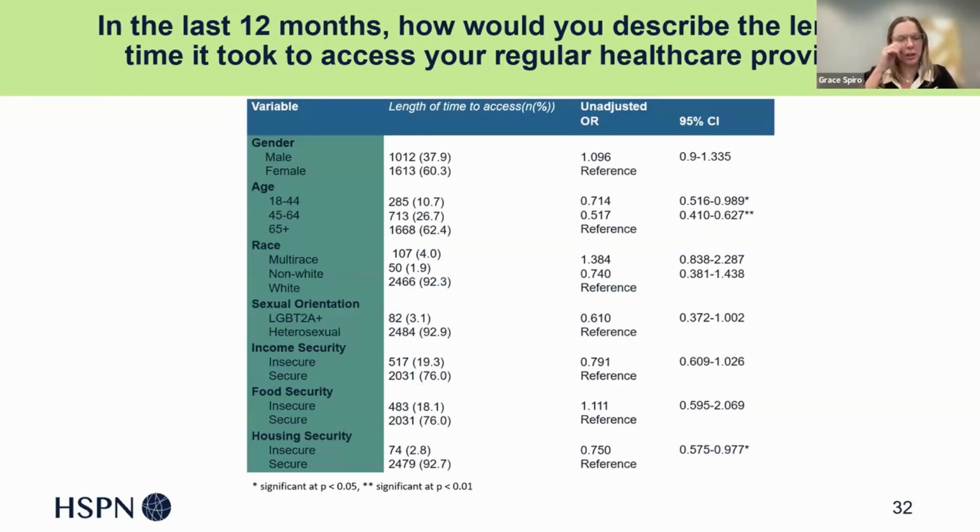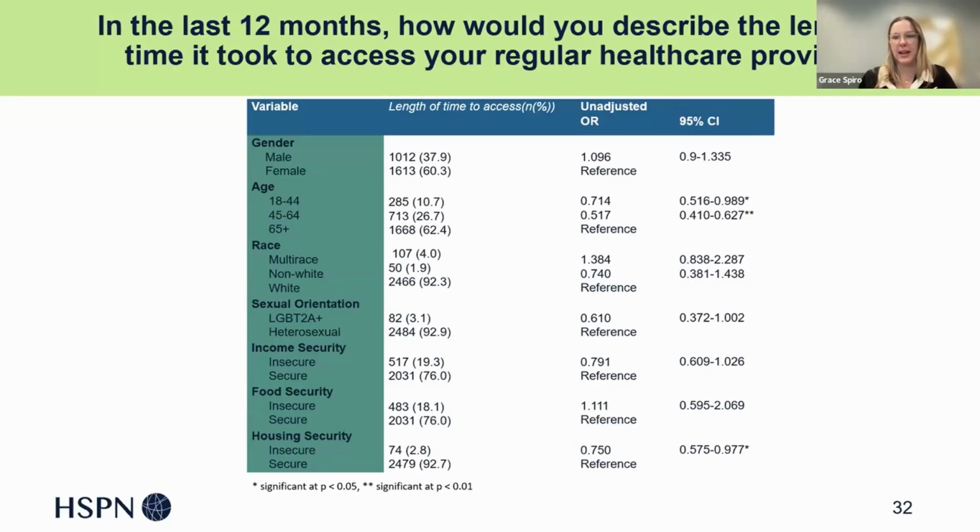Now we'll expand our look at this specific length of time to access care question, now using our equity stratifiers. So these are the results of the logistic regression, both those that were statistically significant and otherwise.